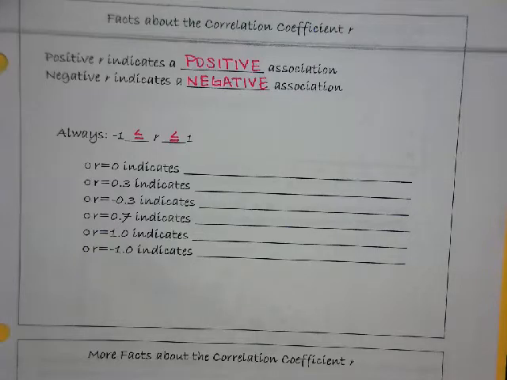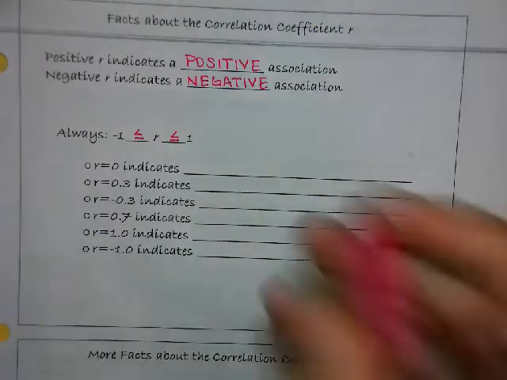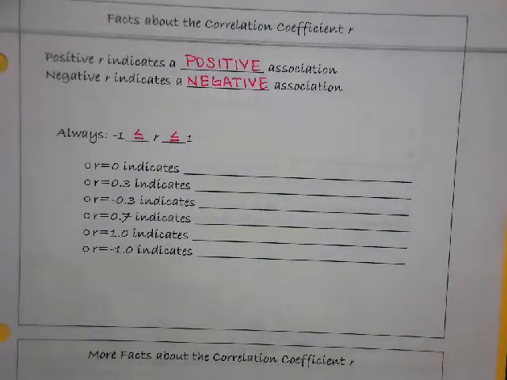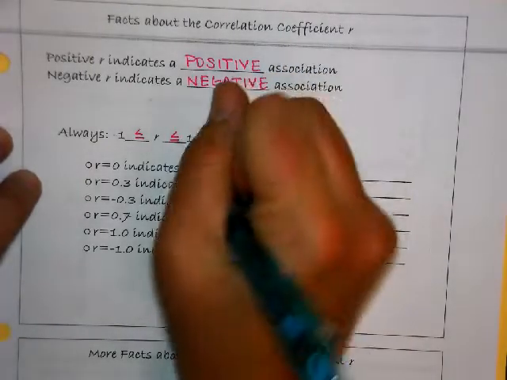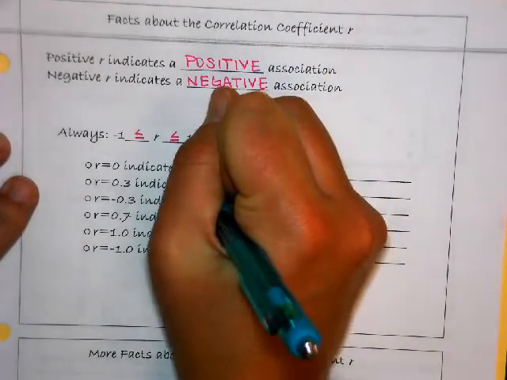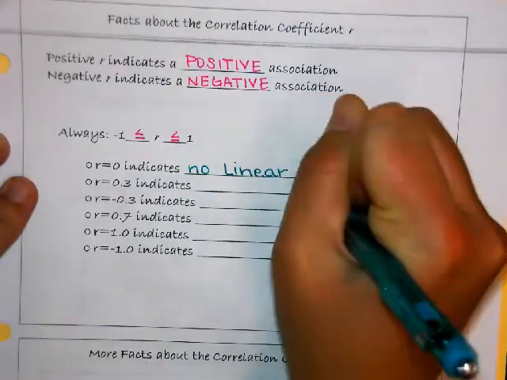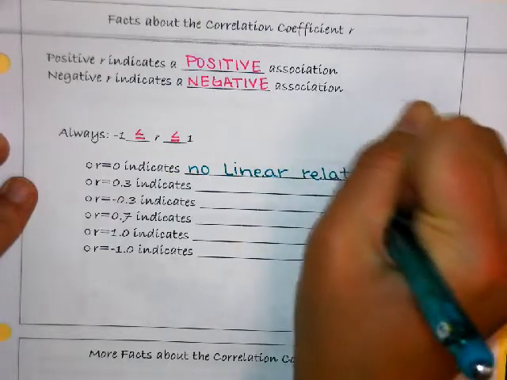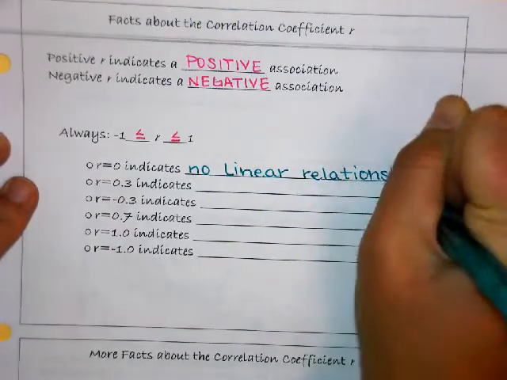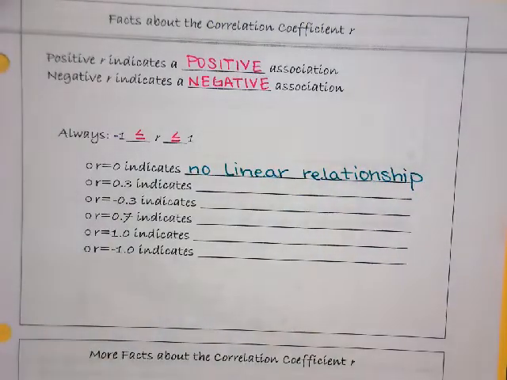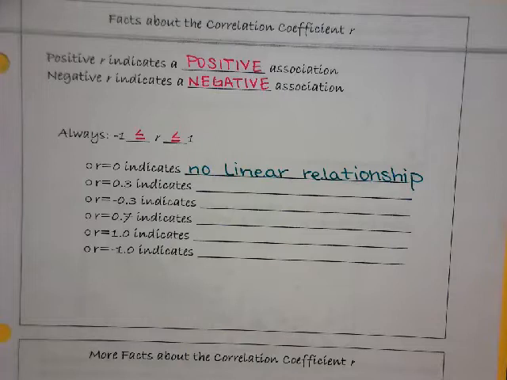If R is 0, that means you don't have a linear relationship. Remember, R measures linear relationships, not curved, not clustered, just linear. So if you get 0, there's no linear relationship between your data. If R is 0.3, we would say that's a weak positive linear relationship.